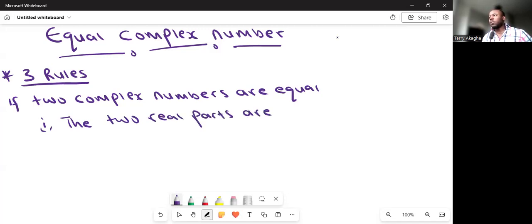Also, the two imaginary parts are equal.